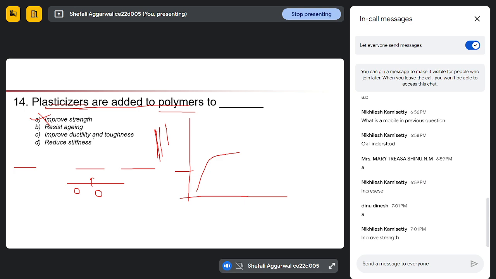How they improve the durability is, they will decrease the intermolecular forces and increase the ductility of your material. So plasticizers make the polymer softer and improve the ductility. So if we see from these options, it is improving the ductility and toughness, and it will reduce the stiffness of your polymer.